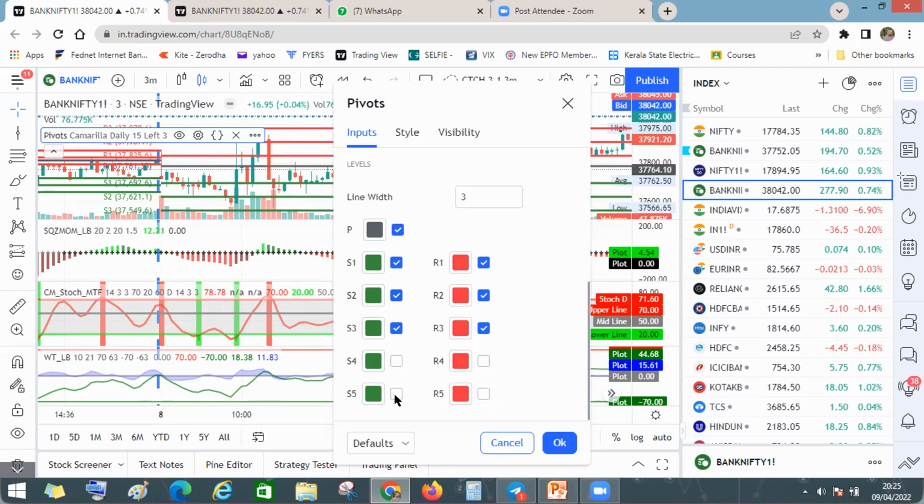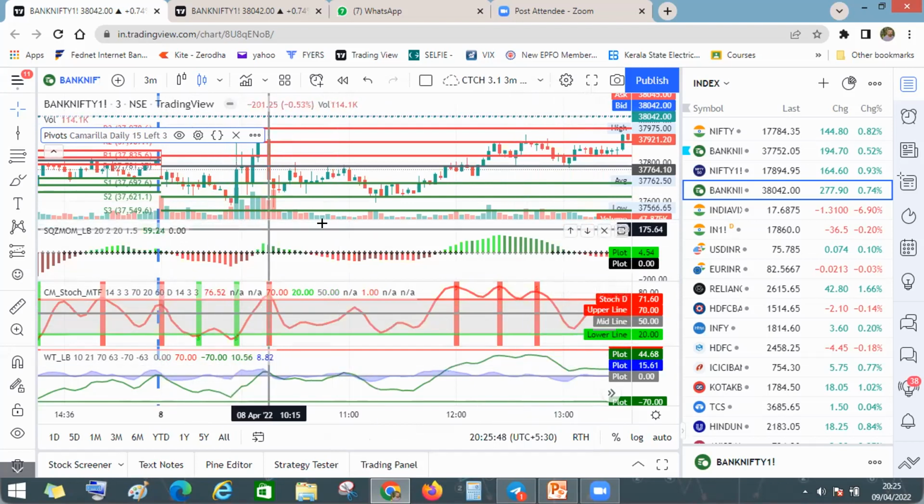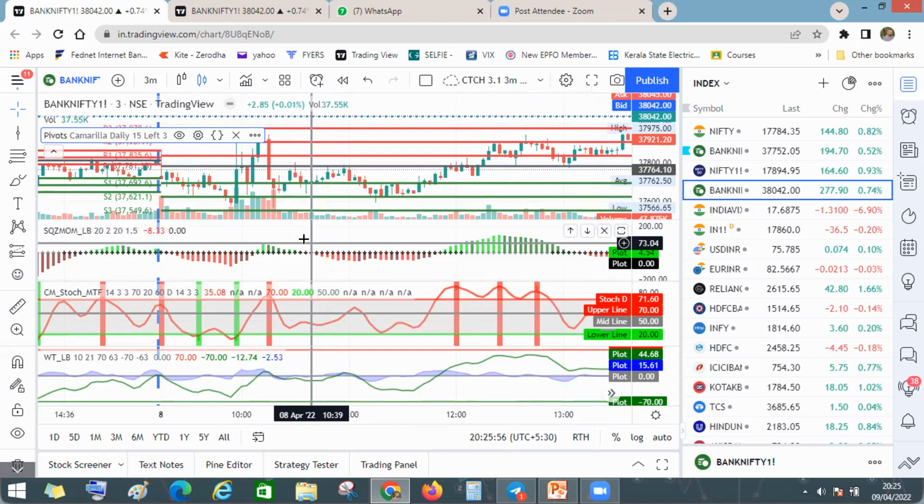Jagan sir has removed S4 and S5 for the time being, and we have the resistances R1, R2, R3, while R4 and R5 have been removed. This is for the time being, but when there is a big movement in the market in either direction, we can include up to R5 and S5.